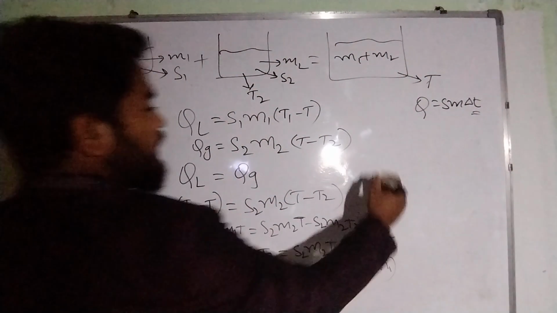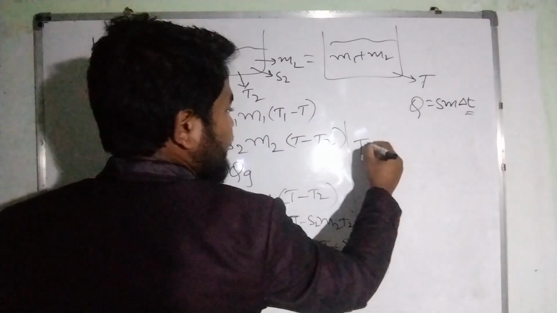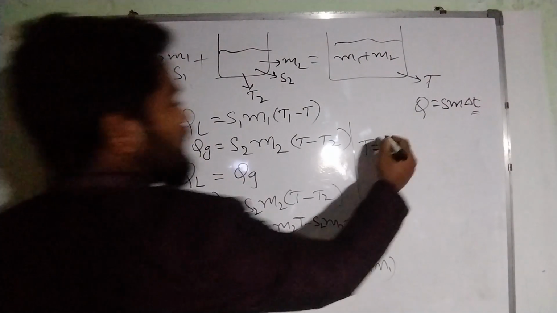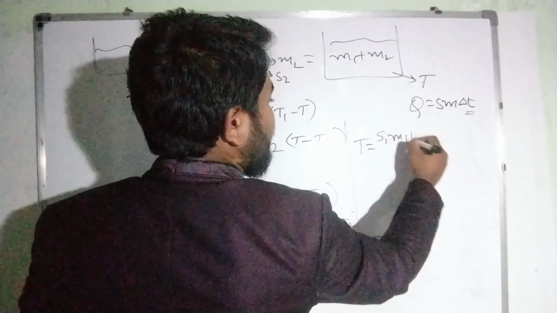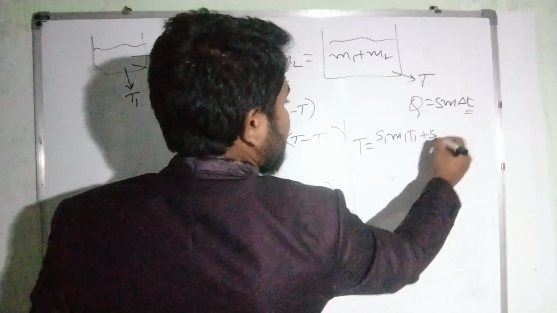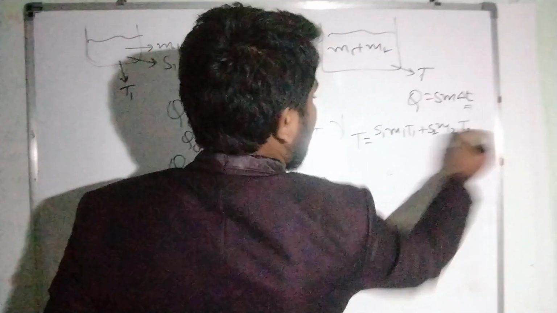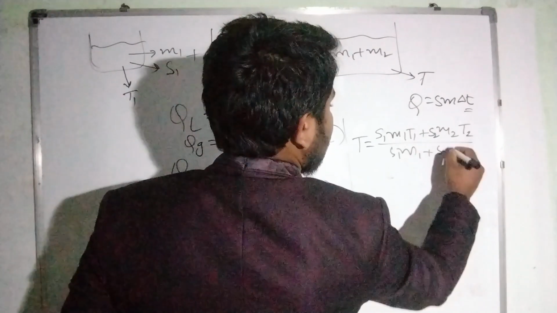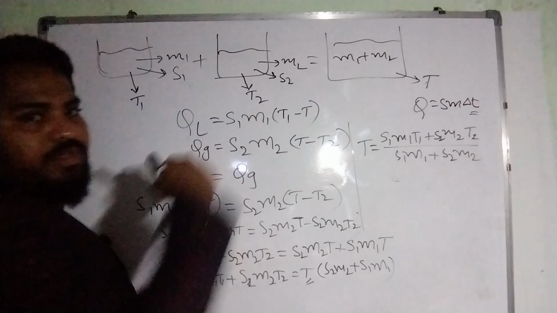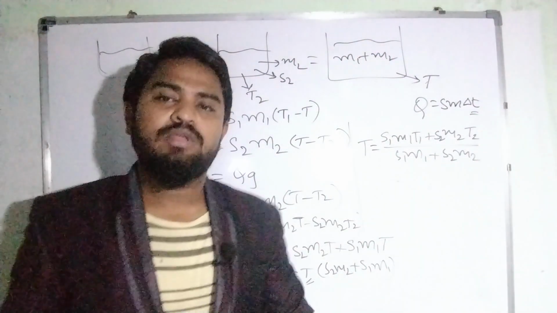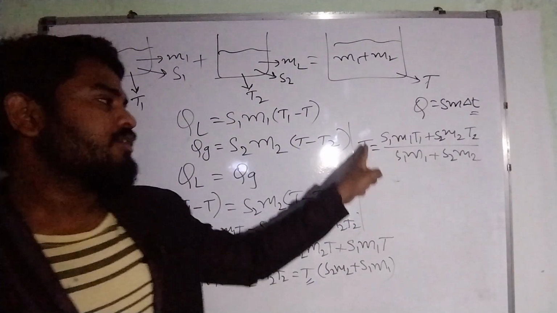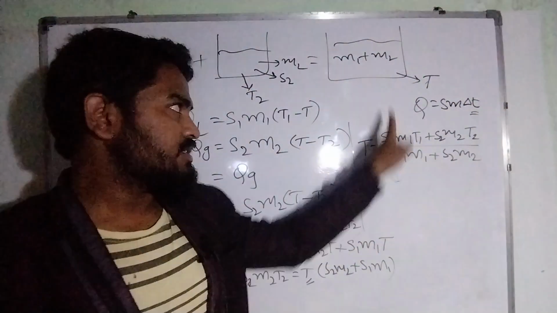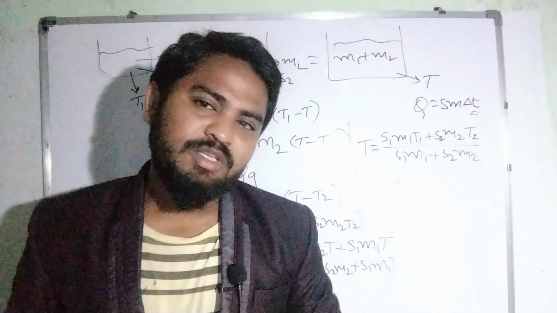So now the final temperature will be T equals S1 M1 T1 plus S2 M2 T2, divided by S1 M1 plus S2 M2, right? This is the formula for the final temperature of the given mixture.